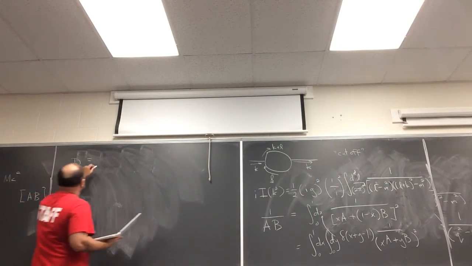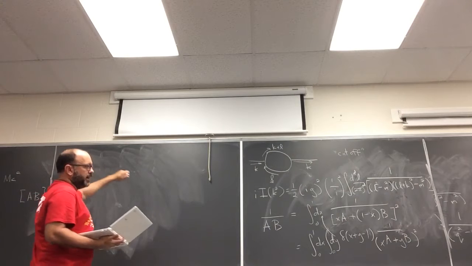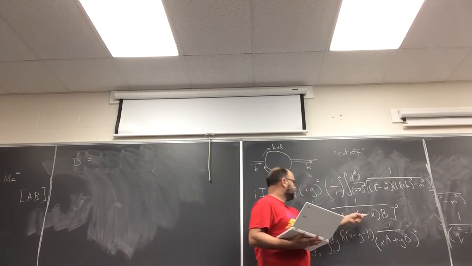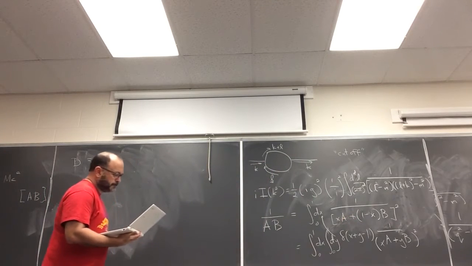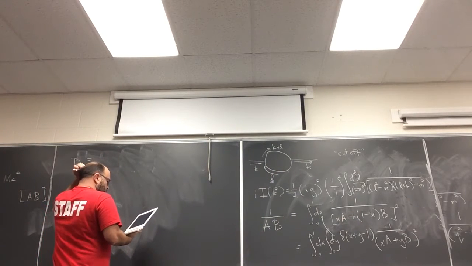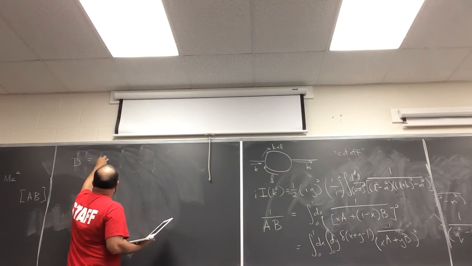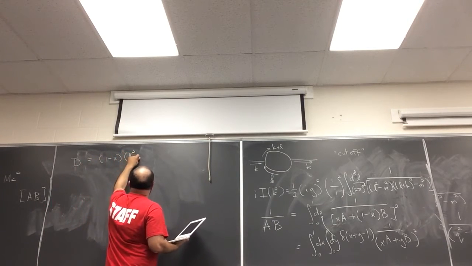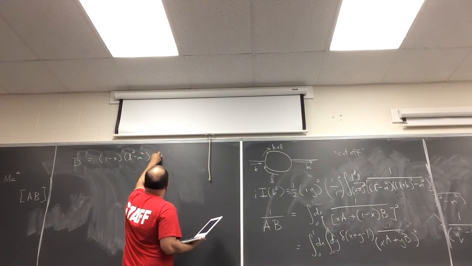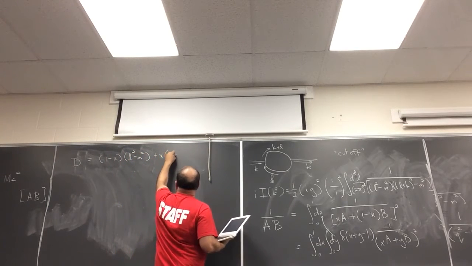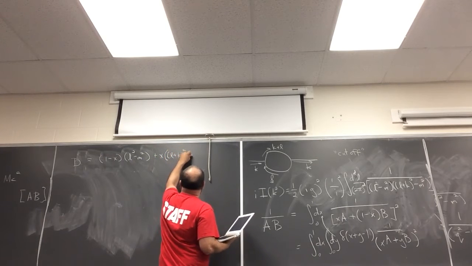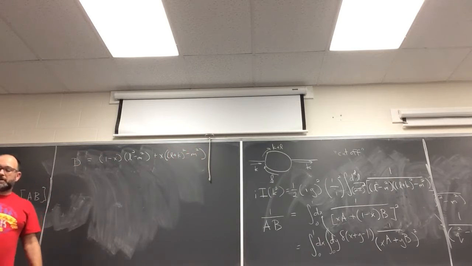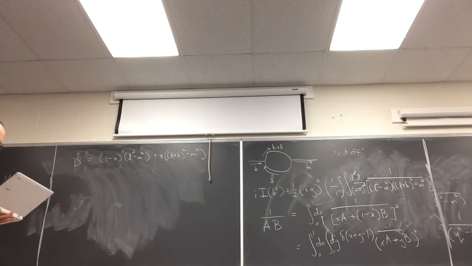I have a choice: I can multiply the first by x, or the second by x, and the other one by 1 minus x. I'm going to multiply the first by 1 minus x. So I have 1 minus x times (L squared minus M squared) plus x times (L plus k) squared. Do you understand what I'm doing? I'm just writing down the denominators right now.